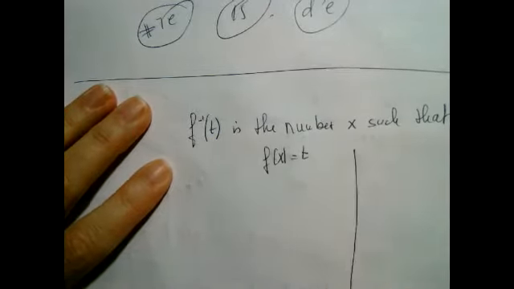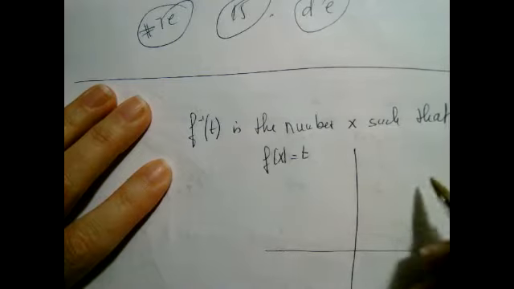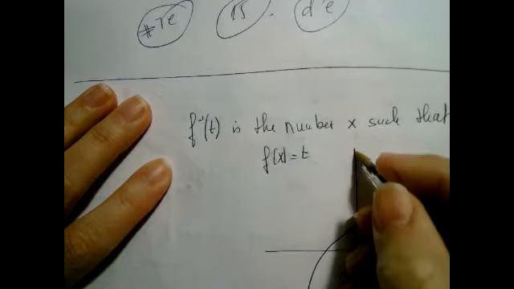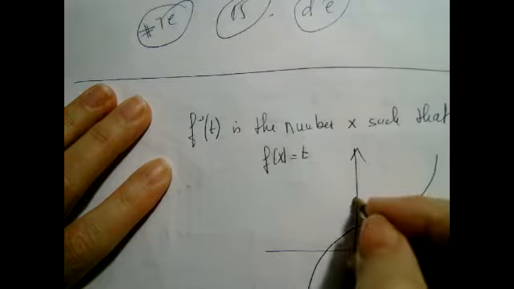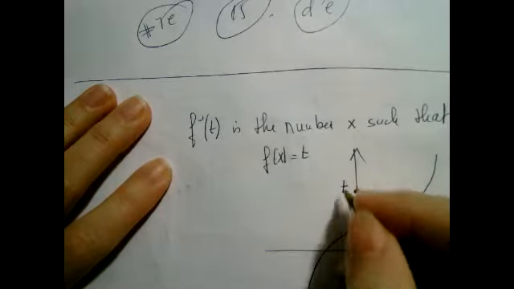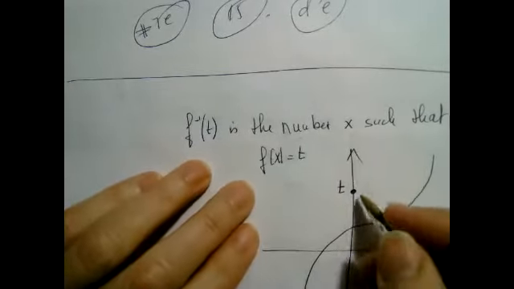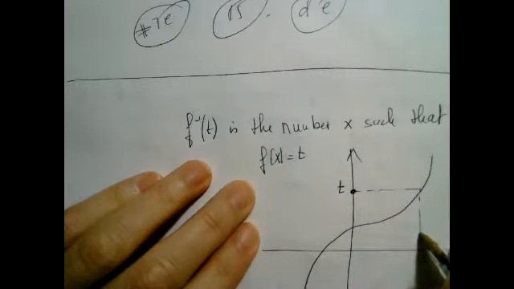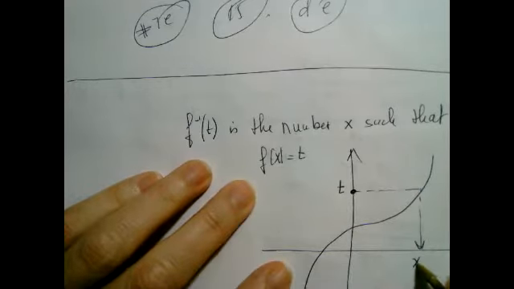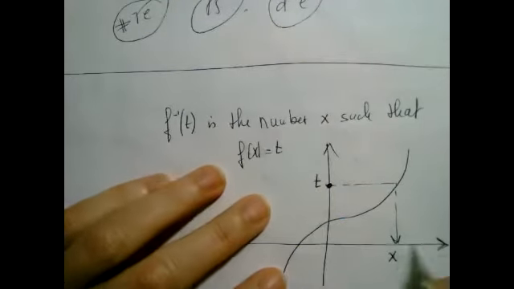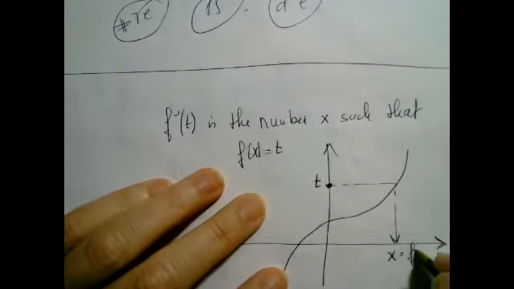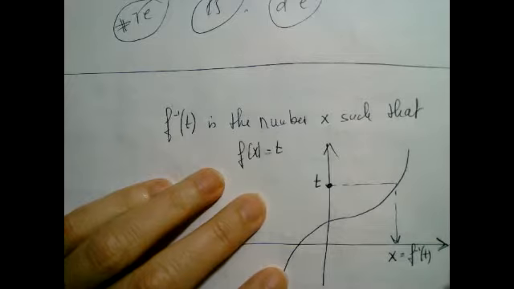And to understand it graphically, it was the following. If I have a function F and I want F inverse of T, it means my T is an output value, and I need to go backward and find the X such that F of X equals T. So that's a little bit of a summary of what it is. Okay.